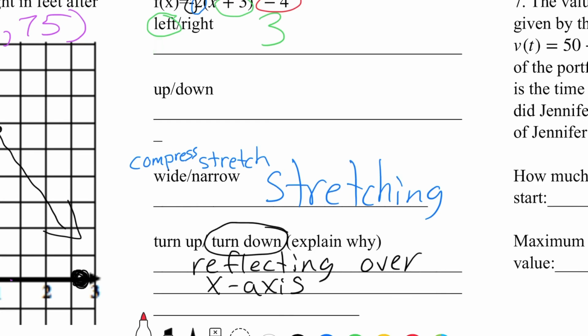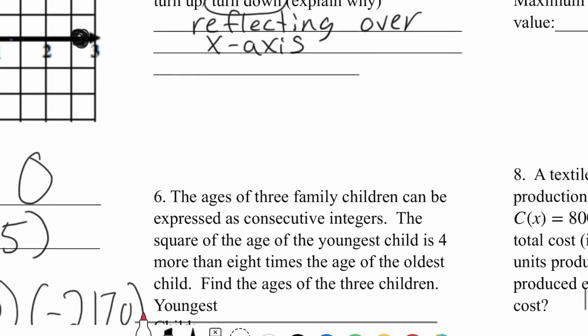Negative 4 on the outside, affecting the y's. For good little children, we're obedient to the sign. Affecting the y's is up and down. Negative is down. So that is how you're doing your transformations. If you're an honor student, make sure you know which one goes where.